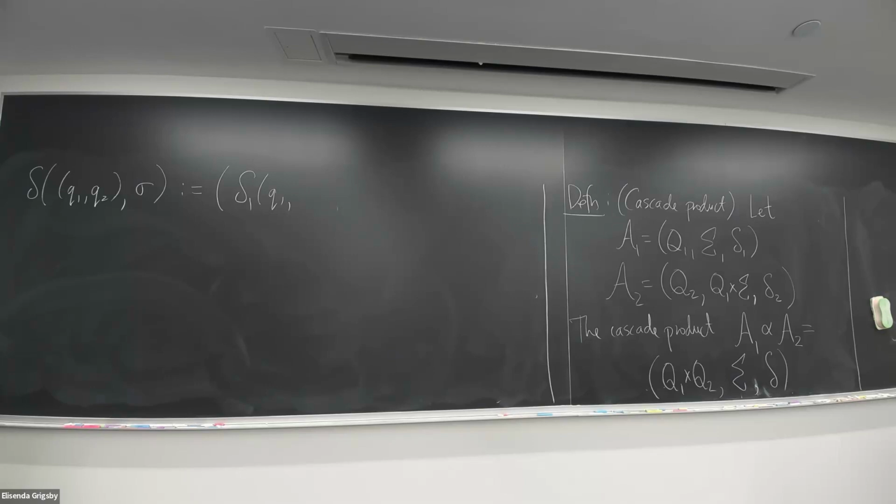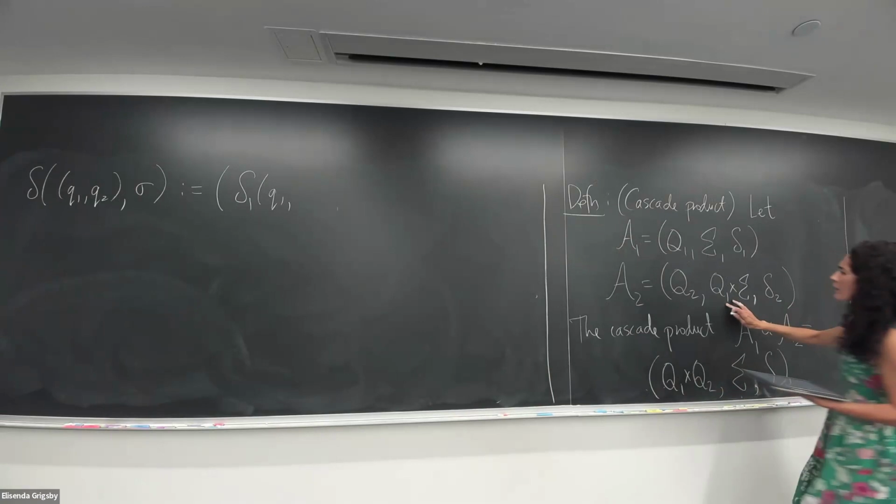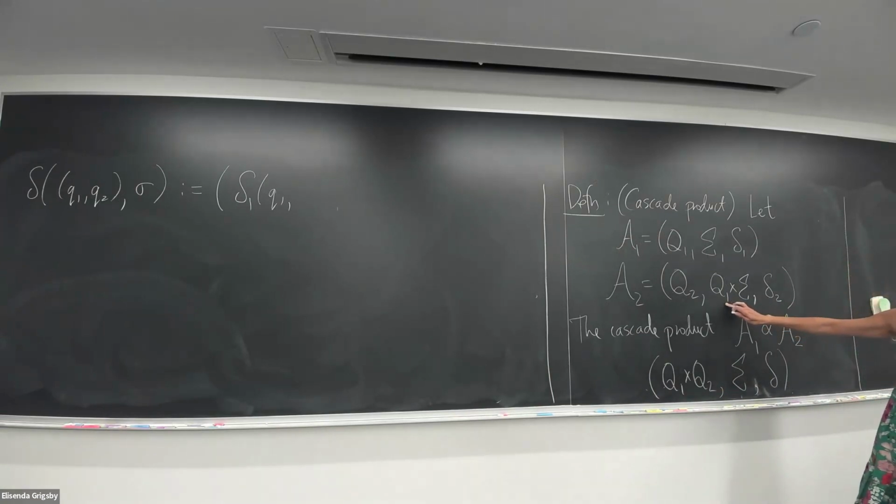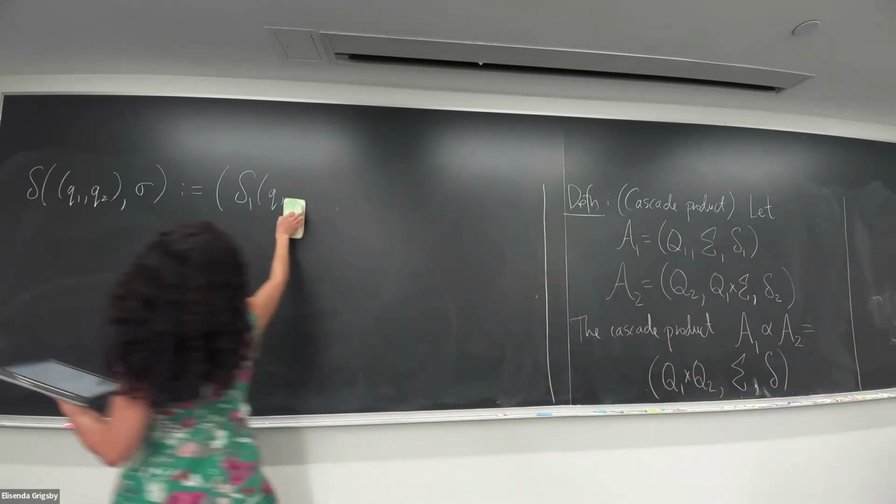Sigma. I think I just need to be more careful here. Would it be delta 2 of delta 1 of Q1 comma sigma?